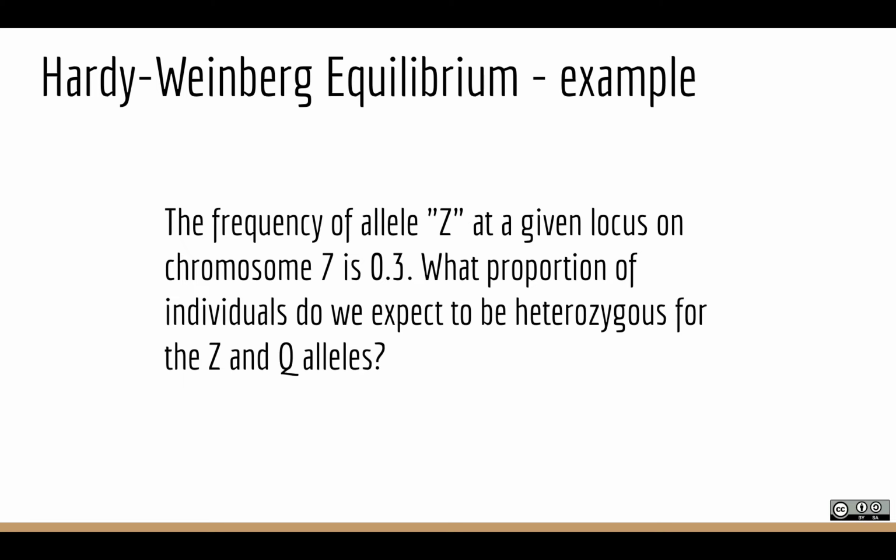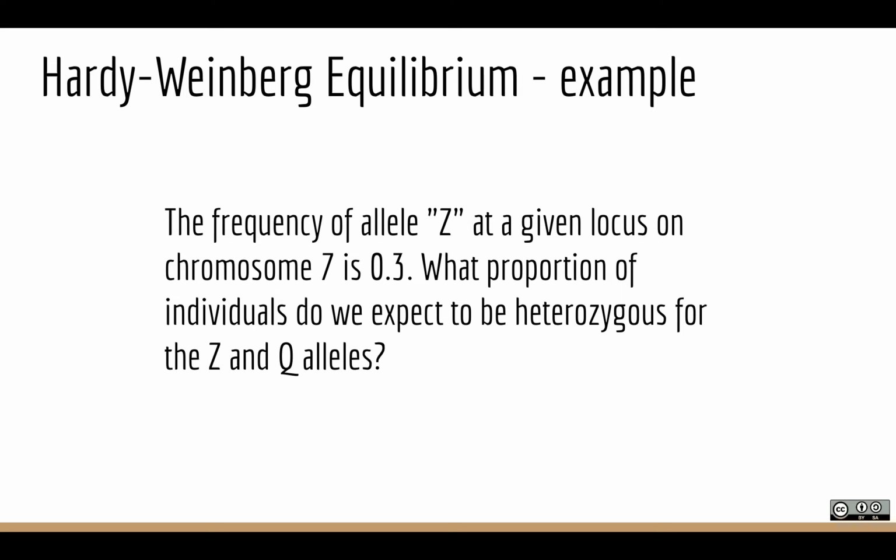So let's walk through an example. The frequency of some allele Z at a given locus on chromosome 7 is 0.3. What proportion of individuals do we expect to be heterozygous for Z and this other Q allele? What's the equation we would use?